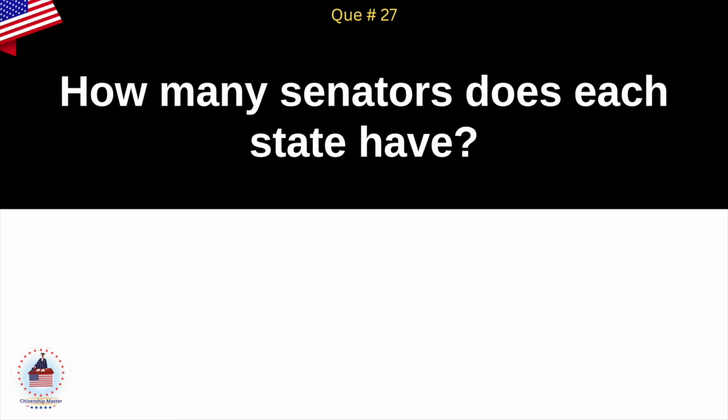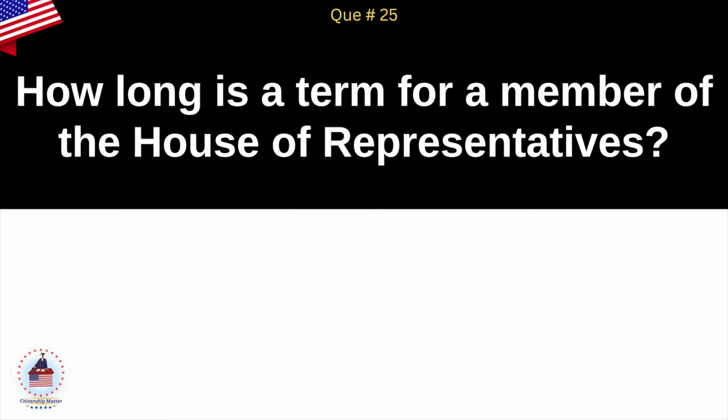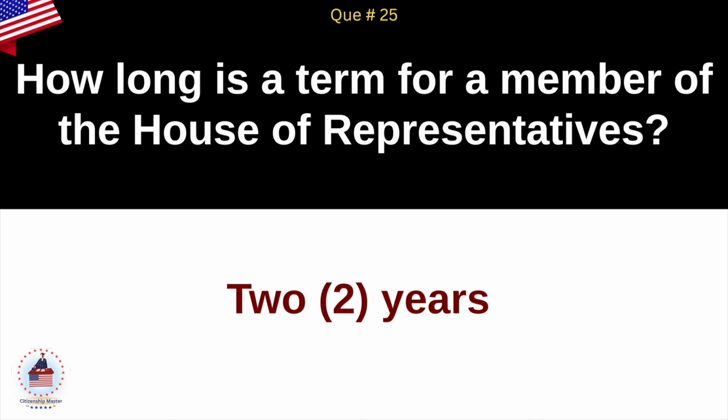How many senators does each state have? 2. How long is a term for a member of the House of Representatives? 2 years.